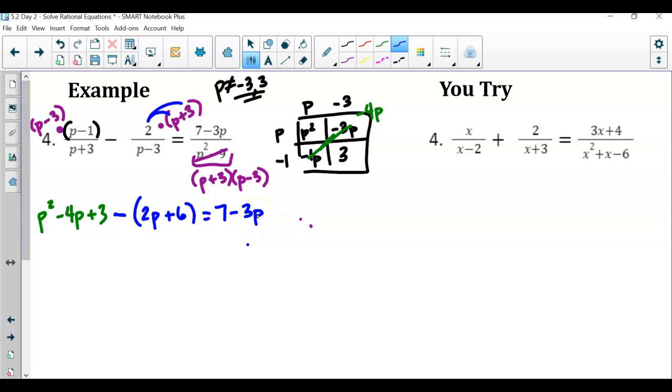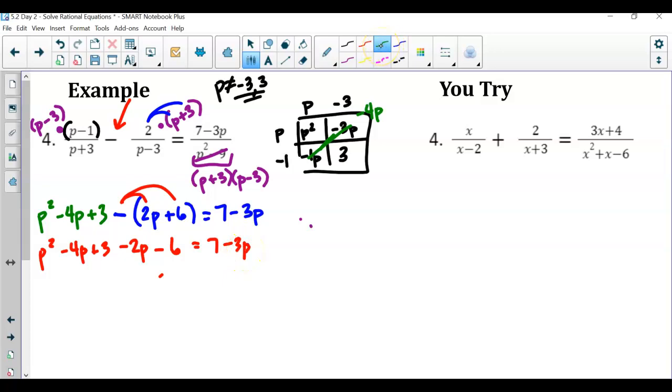Now, before we start combining like terms, it is so important and key, guys, that when you have subtraction, make sure to distribute the negative 1. So now I've got p squared minus 4p plus 3, but now minus 2p minus 6. That is equal to 7 minus 3p.